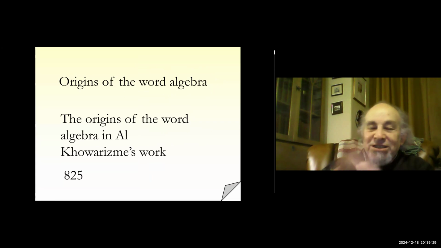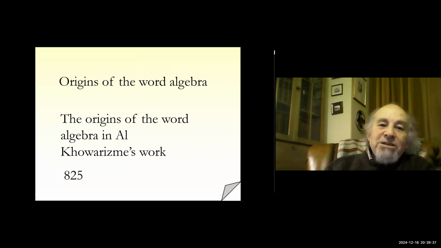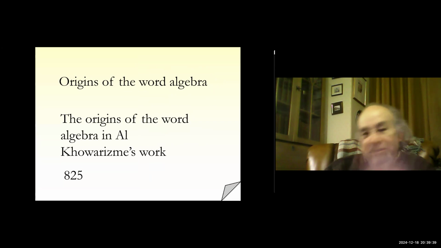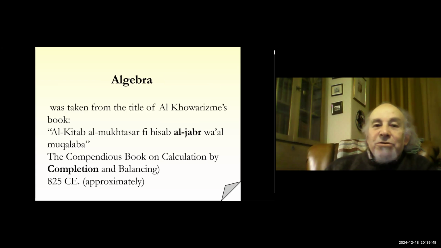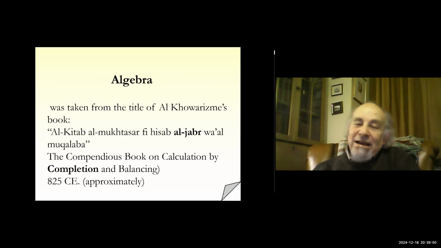Moving on to much later is an interesting origin of the actual word algebra. And in a discussion I was in, we were talking about how this is almost a geography as well as a history of mathematics, being worldwide. So the origins of this word, dating around 825, is in the work of Al-Khwarizmi, who is seen really as inventing algebra.